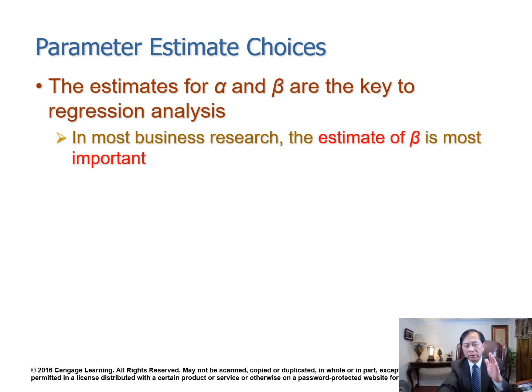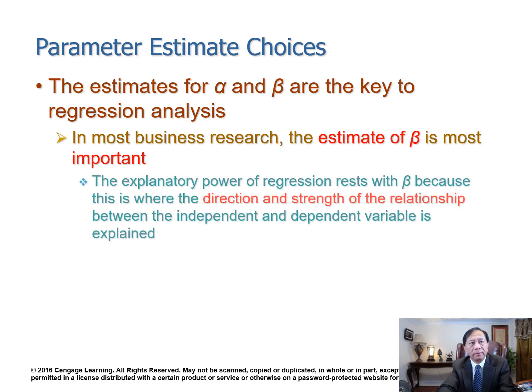We want to see the beta coefficient, the slope. The slope determines to what degree this independent variable affects the dependent variable. For example, how much would an increase in advertising spending affect sales? We are interested in the beta.